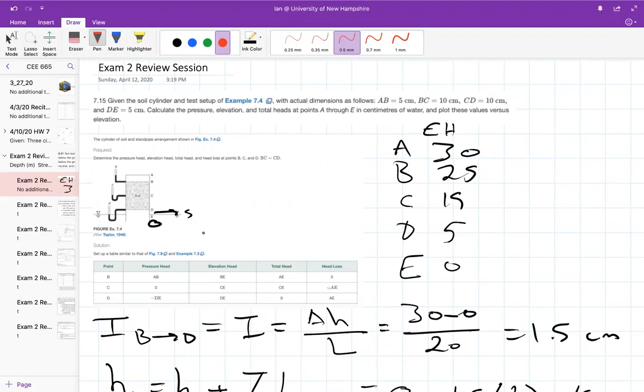So we had a question of why the pressure head at C is 0. I'm trying to see how I can best explain this.